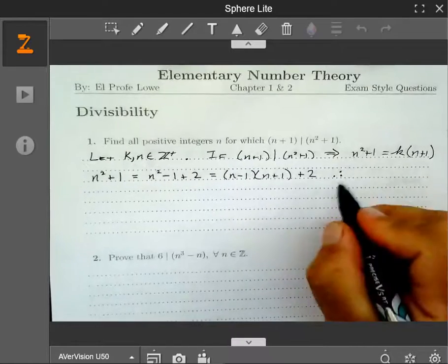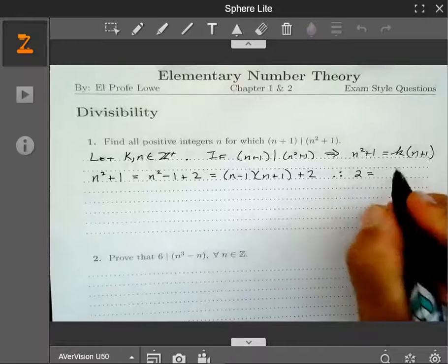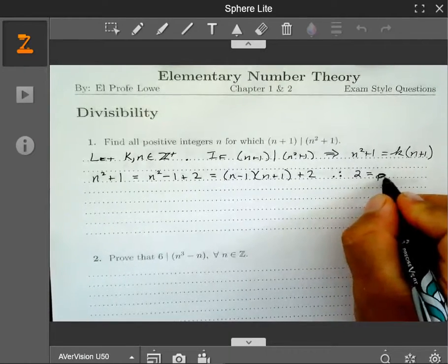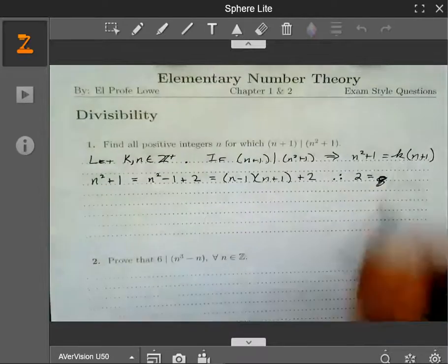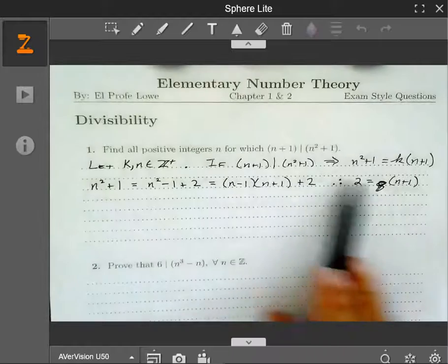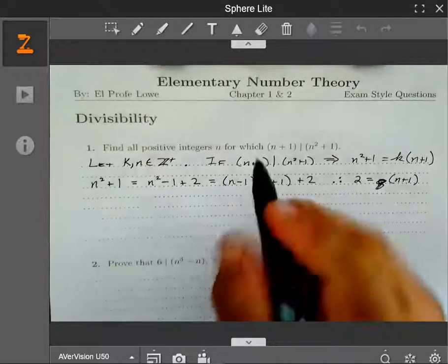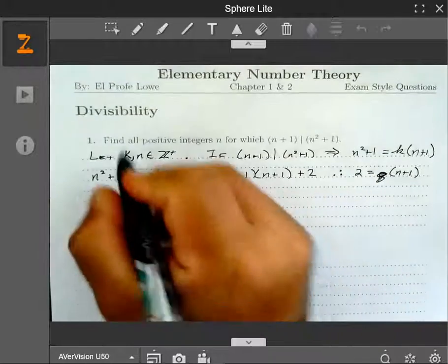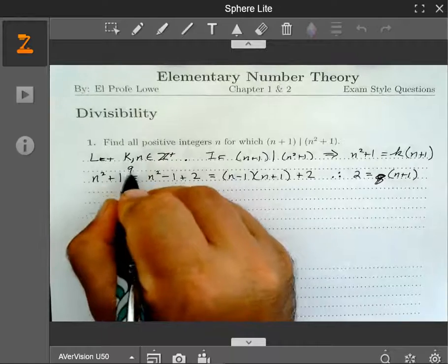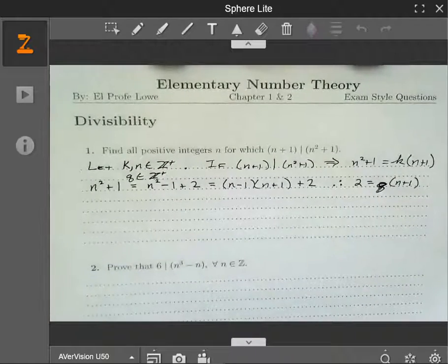This indicates that 2 must be equal to some q times n plus 1, because I need to be able to write 2 in terms of n plus 1. So let's add that this q is also a positive integer.